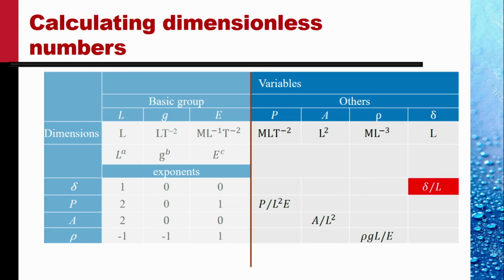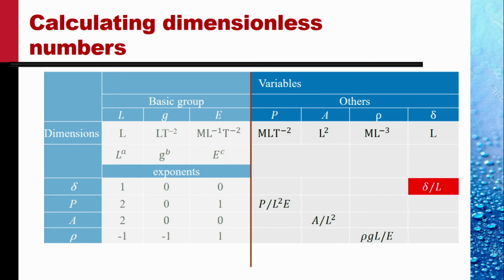That is, rho G L divided by E is dimensionless.